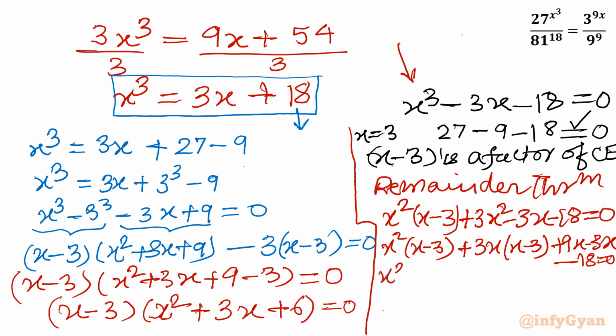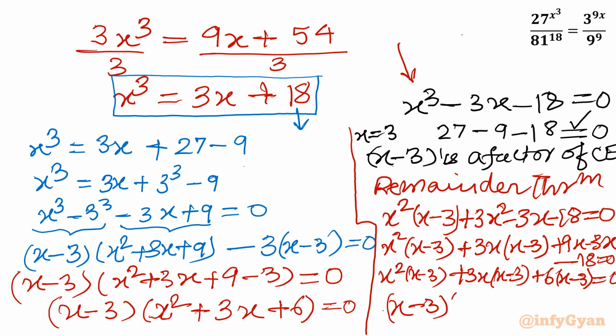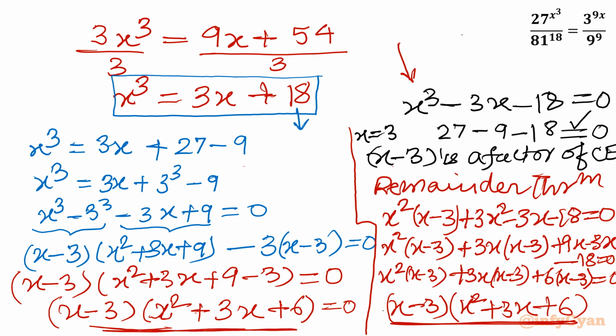So it is becoming x square times x minus 3 plus 3x times x minus 3. Then it is 9x minus 3x, so 6x. If I will take 6 common, then it would be in the bracket 6 times x minus 3 equal to 0. Now x minus 3 is common. Once you will take x minus 3 common, it will become in the bracket x square plus 3x plus 6, which is same as what we calculated using algebraic identity method.